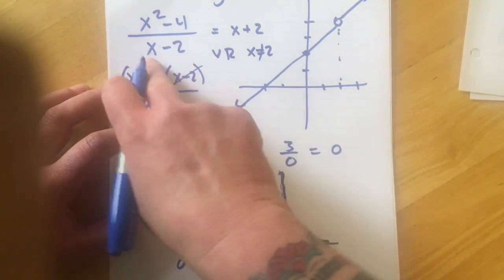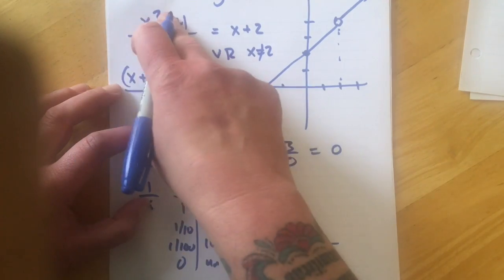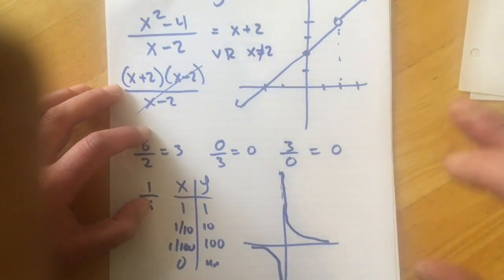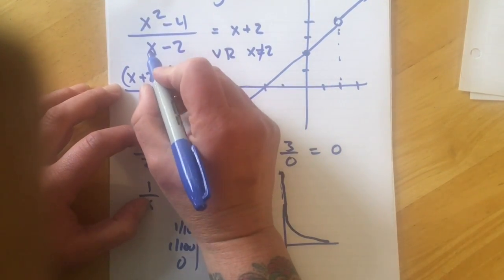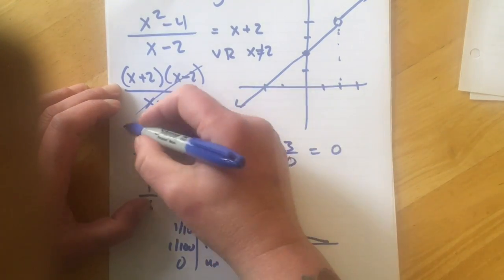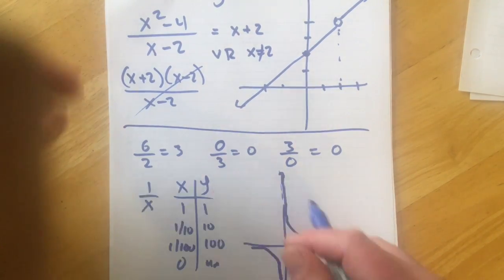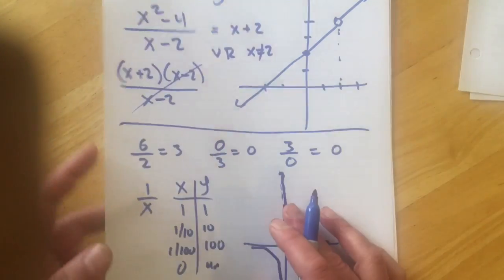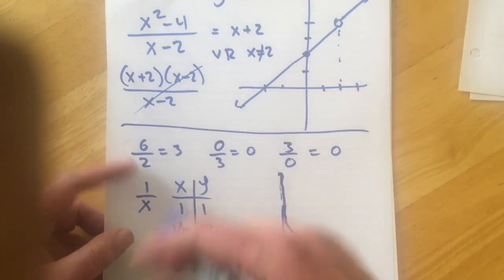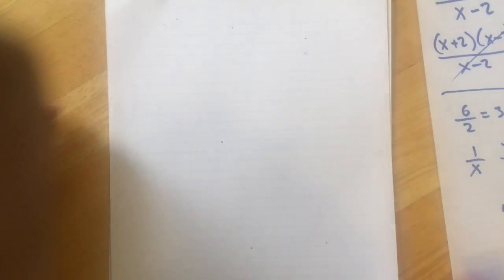But if I put 2 into this, it comes out undefined. So these are equivalent expressions, except at the place where there's division by 0. So that's what the restrictions are about, and that's why you're doing it. Let me make up a couple of examples real quick, just to talk about how to find them.